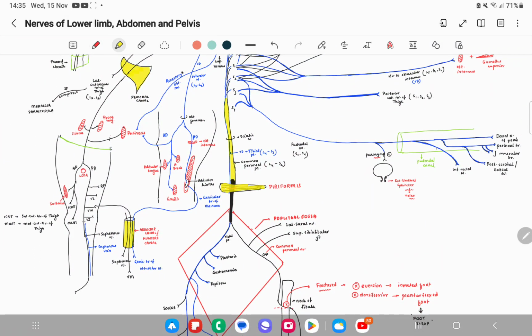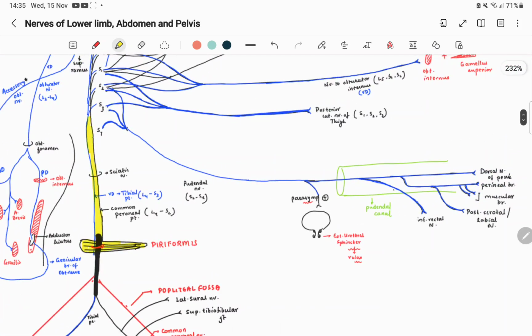So after this, another nerve is there, starting from S3 and S4, which is called the nerve to coccygeus and levator ani. This is also your ventral division.